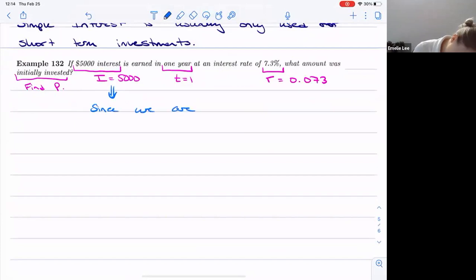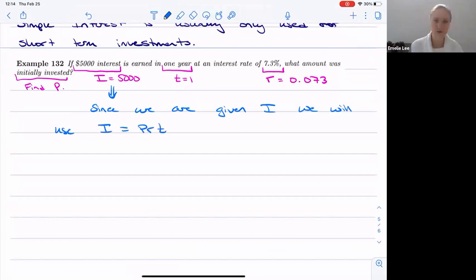Since we are given I, we will use I equals PRT as our formula to solve for P. I want to find P, I have R, and I have T. So I can just rearrange this and solve for P.